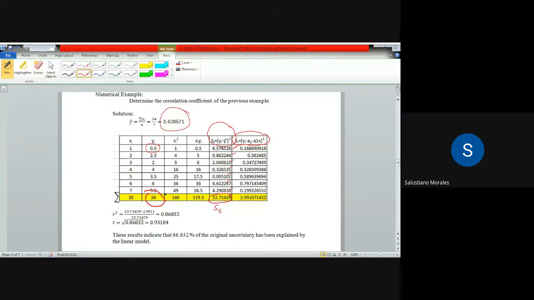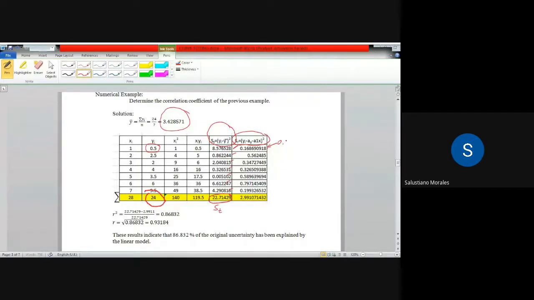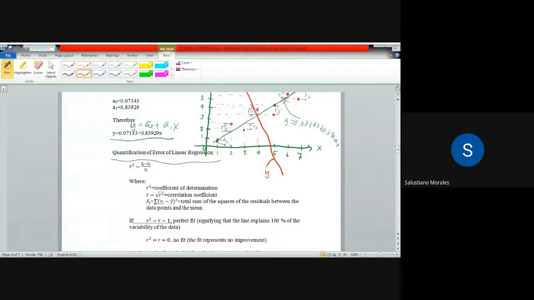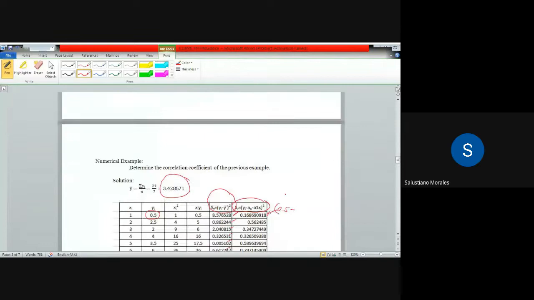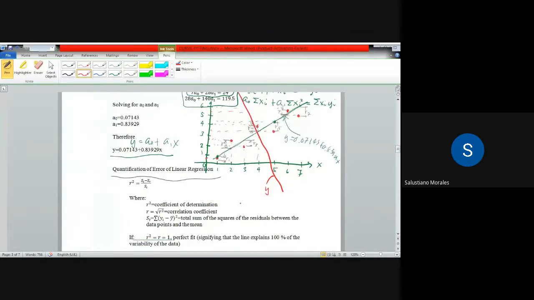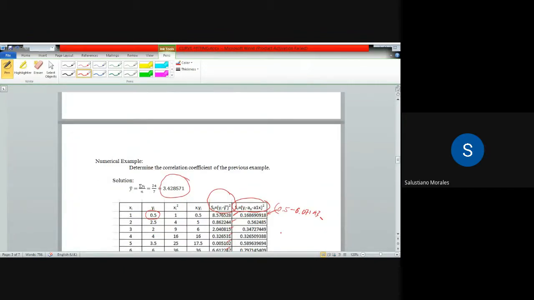So this value, 0.168690918, is computed as 0.5, that is our y sub i, then minus our a sub 0. Let's go back to our computation earlier: 0.07143. Then minus our a1, which is 0.83929, multiplied by x.